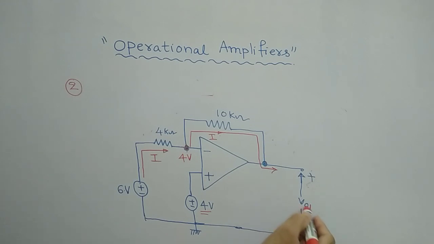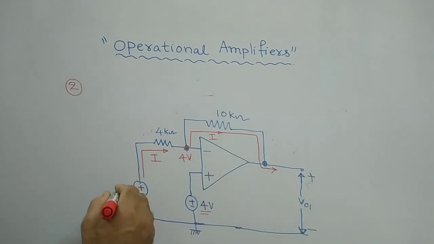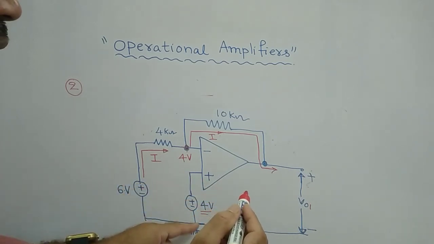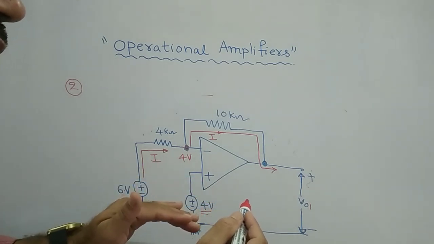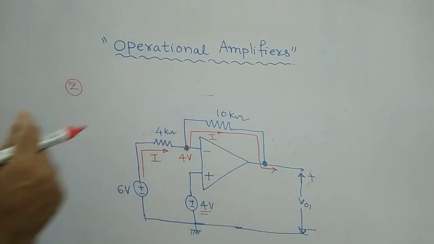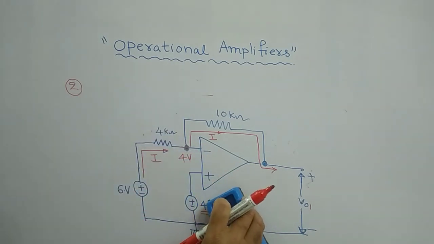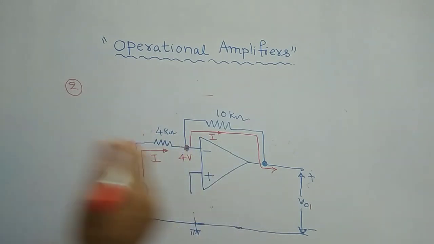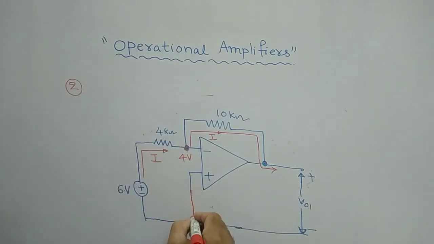So V01 is the output voltage with respect to 6 volts. If you consider the 6 volts, make the 4 volts to 0. You must connect it to 0 volts. Directly you should make it 0. That's it.